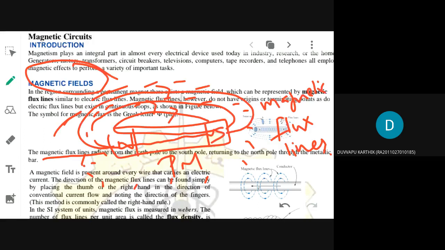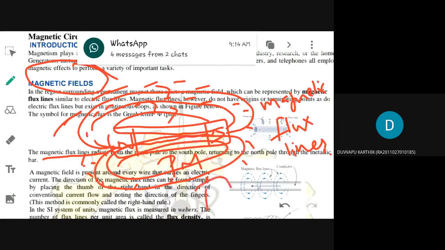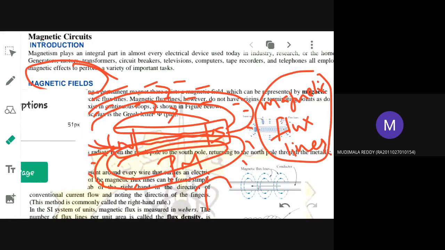You cannot say there is a starting point and terminating point for magnetic flux lines. They always start from the north pole, enter the south pole, and loop again to the north, circling. These are magnetic flux lines, and the region is called the magnetic field. This is one way of generating magnetism.